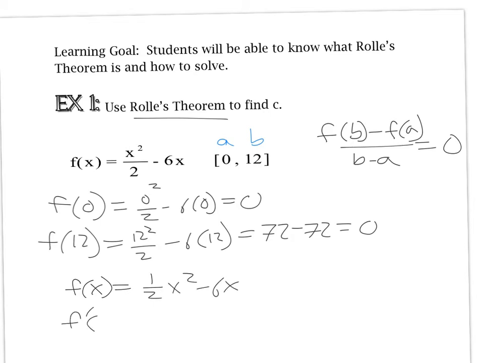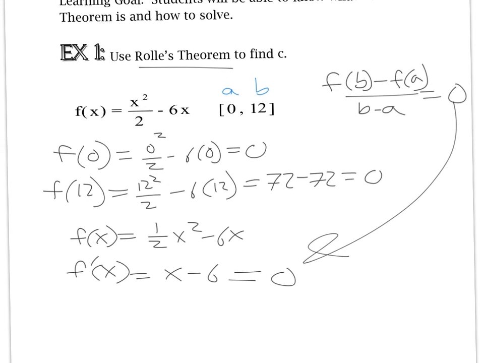Therefore, the derivative would be 2 times 1/2, which is 1, so this would just be x minus 6. Well, I'm just trying to figure out when this equals 0. That's pretty easy. It's when x is 6, or we could say when the c value is 6, because they're asking specifically for the c value. That's all there is to it. Pretty simple idea. All right, let's go on to the next page.